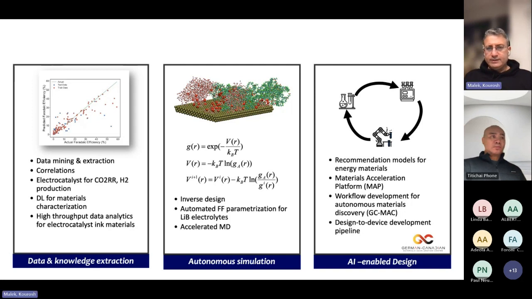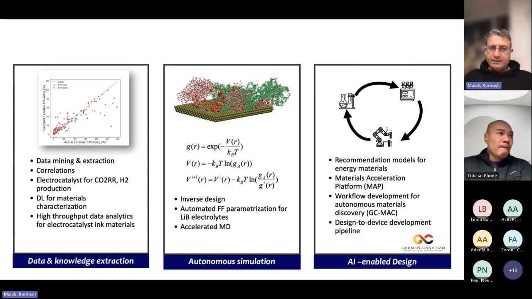What we are trying to do with AI-enabled design is to have models that are driven by a larger scale of data that can support recommendation models on which catalysts, and which components of the ionomer and similar, feed into a catalyst design that gives the highest performance required for a certain application, either at the megawatt or gigawatt scale in the case of electrolysis, or applications in fuel cell, either automotive or backup power. So they all need different designs of the components.